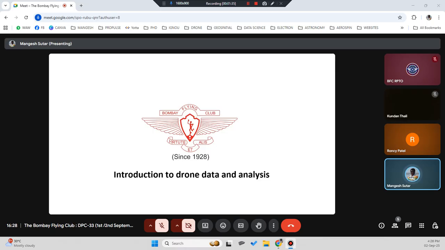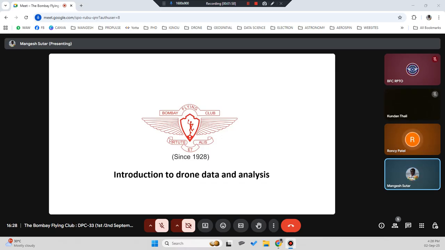So when we were initially doing the power line towers monitoring kind of activity, we saw that the data captured by two different pilots always had some differences. Some pilot might capture 200 photos, some pilot might capture 250 photos, 300 photos.